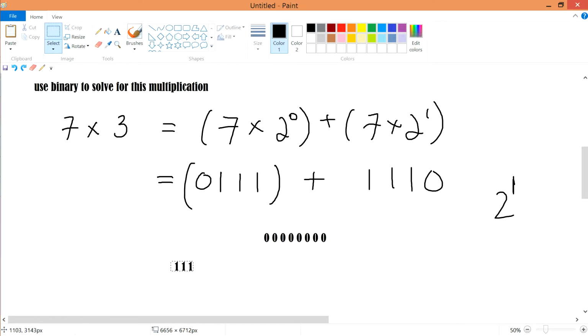Wait, where am I over here? I'm going to take this and shift 1 time. Wait, oh, my 0, 1, 1, sorry. My 7 is actually here. At least you get what I mean now. This 0, 1, 1, 1 over here, if you shift 3 times it's 1, 2, 3.